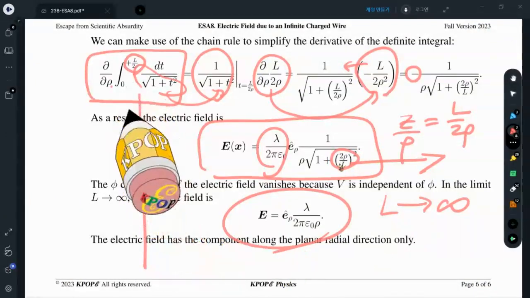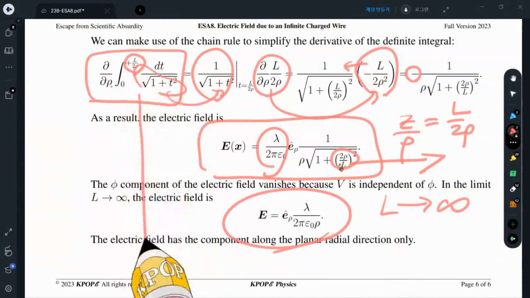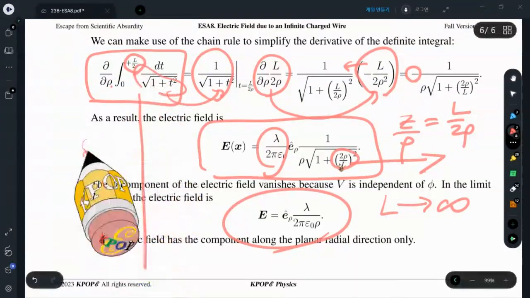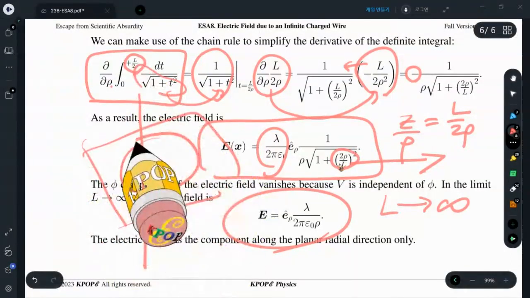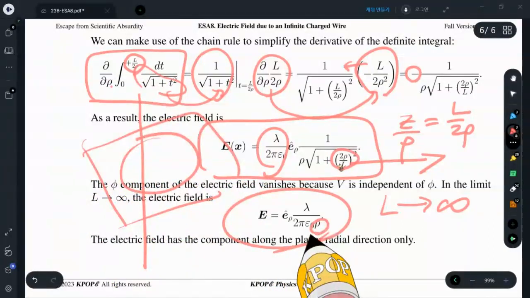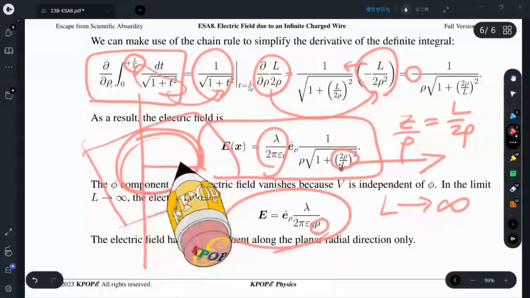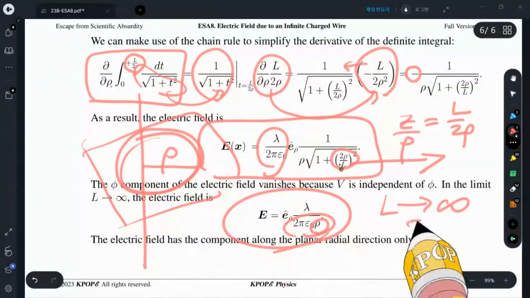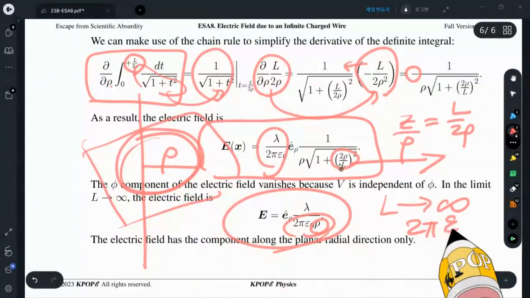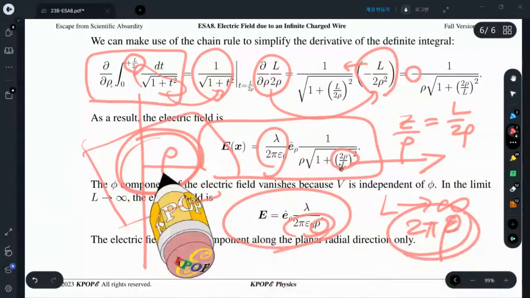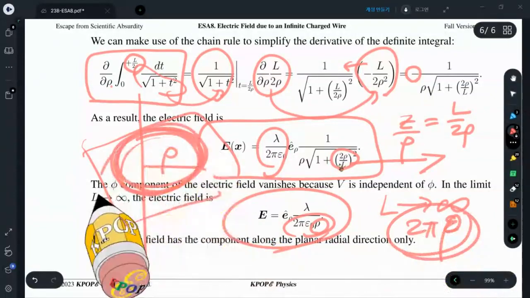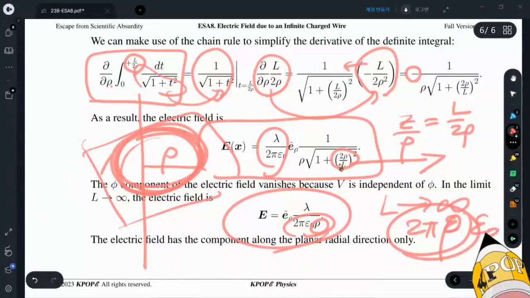You find one dimension along the z-axis is integrated out. Now the inverse square law integrated out gives the two-dimensional version that has 1 over rho dependence, because the circle of radius rho has circumference 2 pi rho. So this is 2 pi rho epsilon 0.